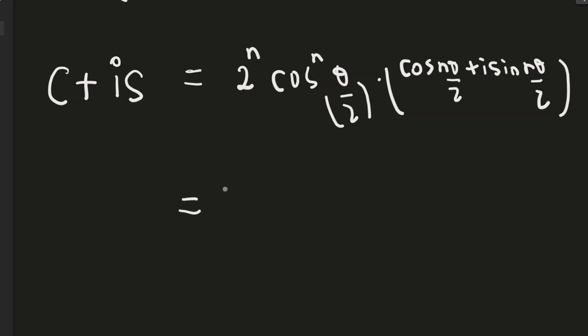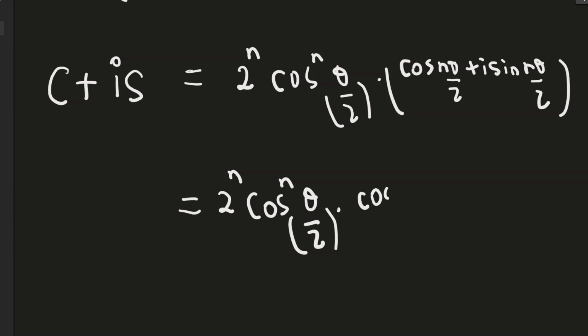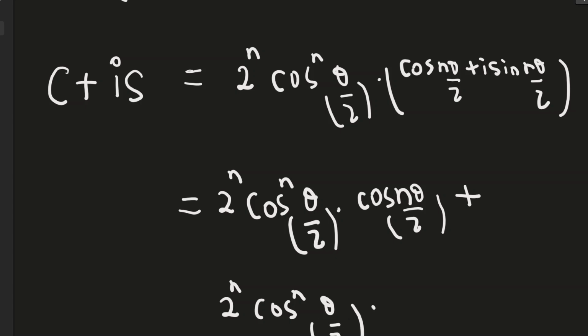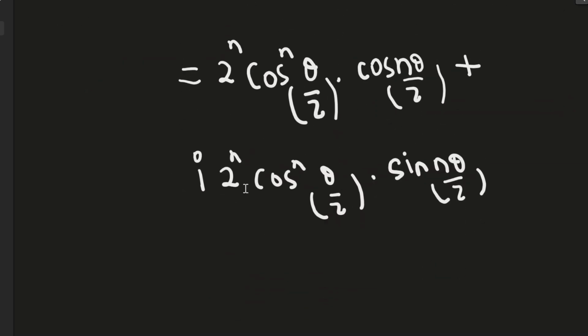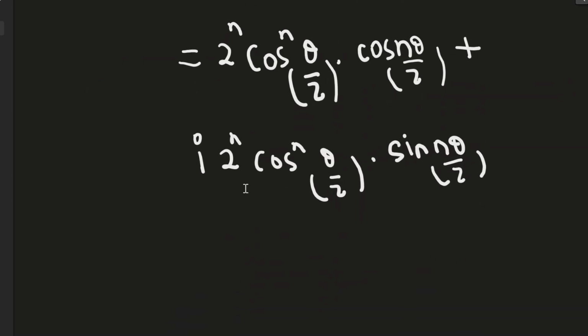So if I write the RHS in a simpler way so that we can compare the imaginary and real part, we get something like this, plus 2 to the power n cos to the power n theta by 2 times sin n theta by 2 and iota over here.